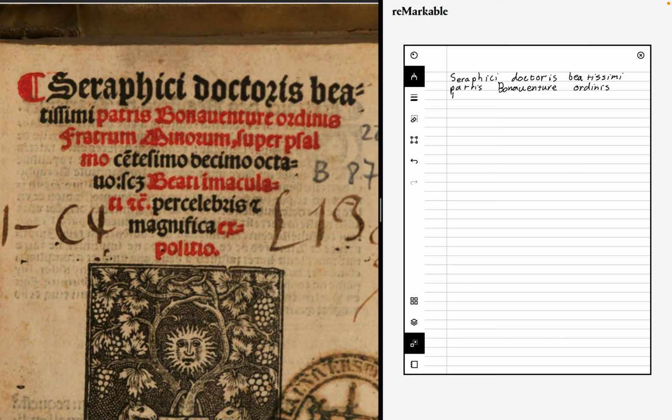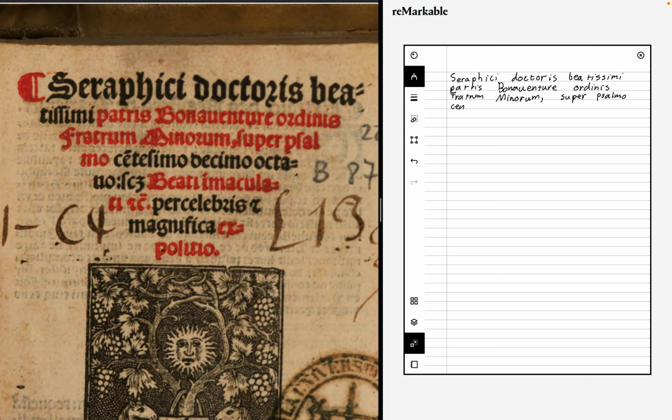This is a capital F, fratrum, minorum, comma, super, Psalmo, Salmo. You kind of need to know that even though they don't use the hyphen there, this is one word. Salmo is one word.